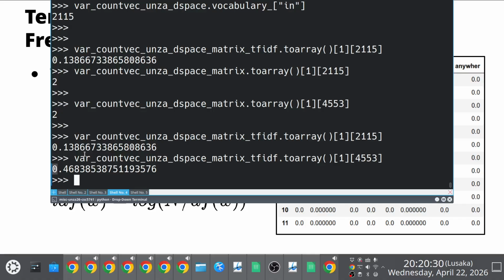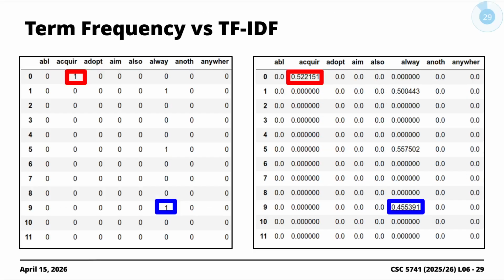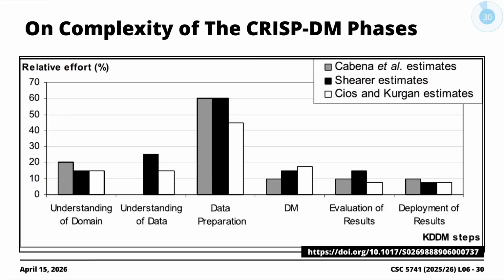Whereas count vectorizer seemingly suggests that use and in have the same relative level of importance for the second document here at index 1, TF-IDF is telling us no, that is not true. The word in is more important than the word use in this document. I hope this has made sense. And this is the example that I have here.